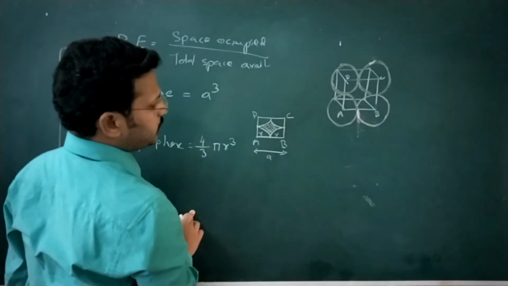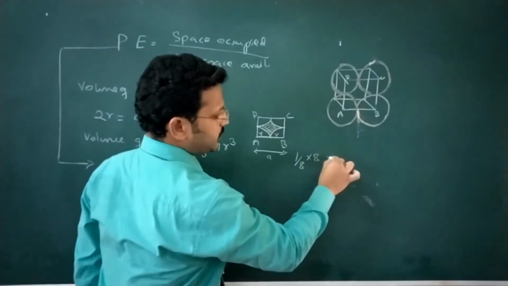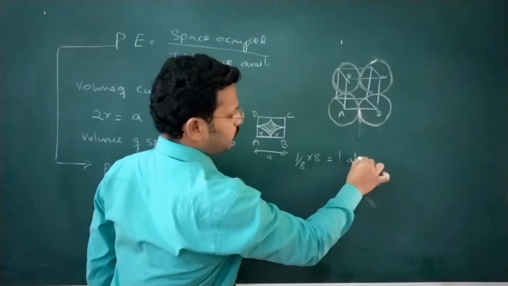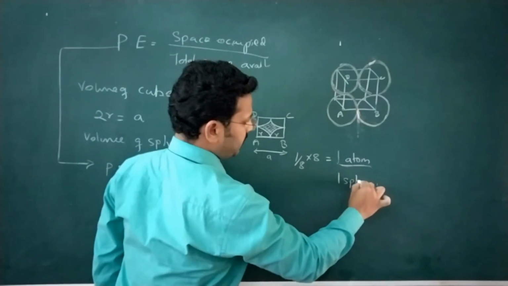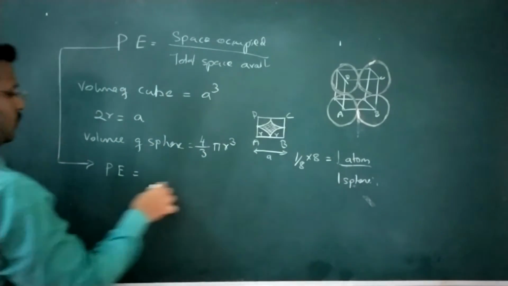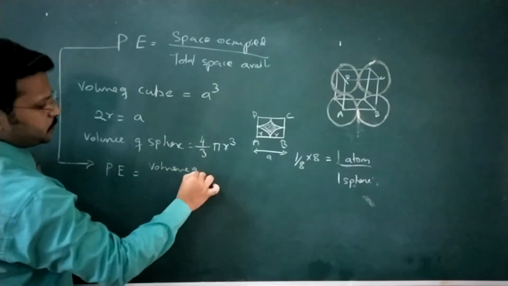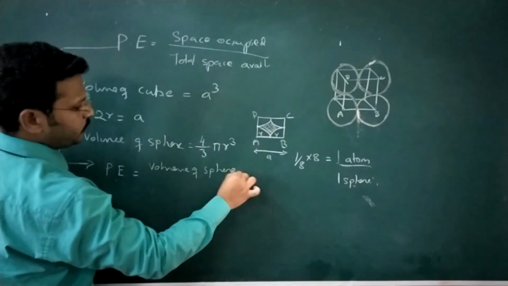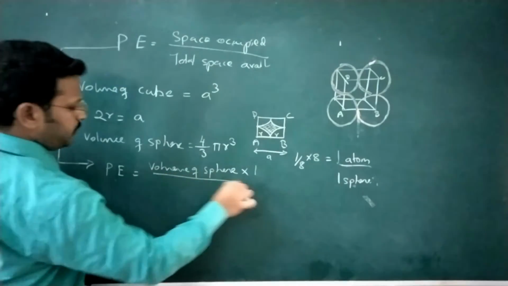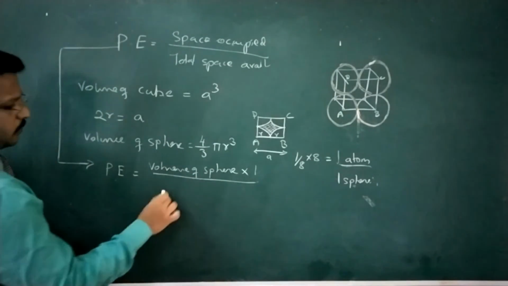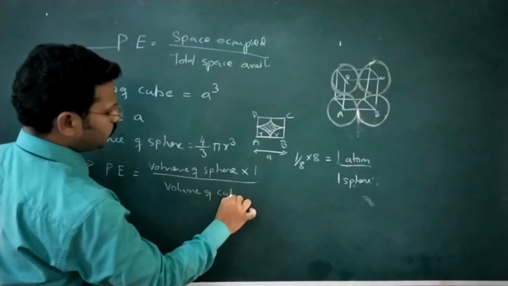Coming to the packing efficiency calculation, packing efficiency is equal to the space occupied by the atoms. Totally here we have 1/8 part of an atom at 8 corners, which will contribute to give 1 atom, that means 1 sphere completely. So the volume of the sphere, that is the atom, into the number of atoms, which is 1, divided by the volume of the space available, that is the volume of the cube.